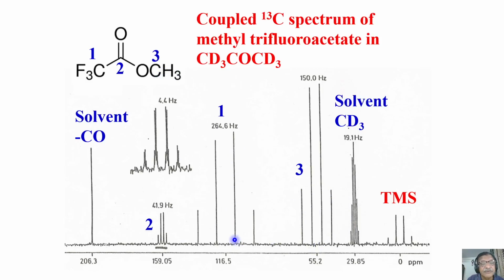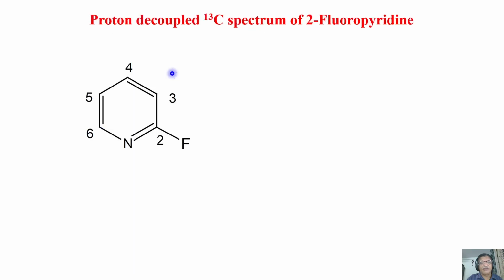We do not know. So this also gives me an idea about long range coupling of this carbonyl carbon with these three protons. So these are all advantages. Sometimes to identify particular carbons, we can also make use of the coupled spectrum. Okay, all that information we can obtain.